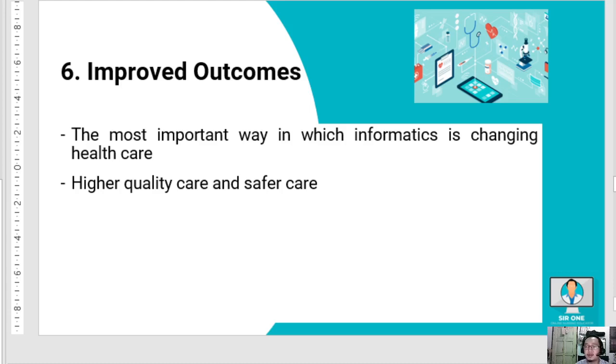The most important way in which informatics is changing healthcare is improved patient outcomes, and it gives higher quality patient care and safer patient care as well. EMRs or EHRs, electronic medical records or electronic health records, result in higher quality care and safer care as coordinated teams provide better diagnosis and decrease the chance of errors. Those are some of the results.